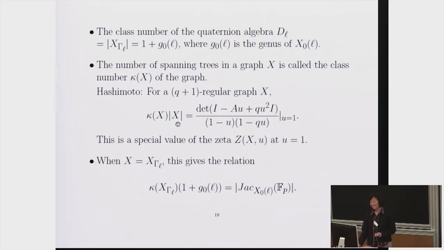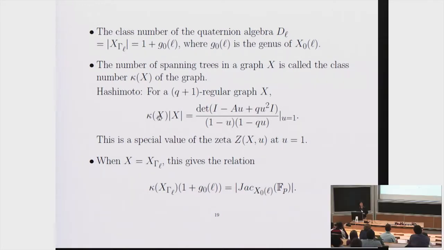And he showed that that number is equal to the class number of the graph times the size of the graph. If we apply this result to the graphs constructed using the special kind of quaternion algebra, then on the left-hand side, we have the class number of the graph times the class number of the quaternion algebra. On the right-hand side, remember that this quotient is equal to the numerator of the zeta function of the modular curve.